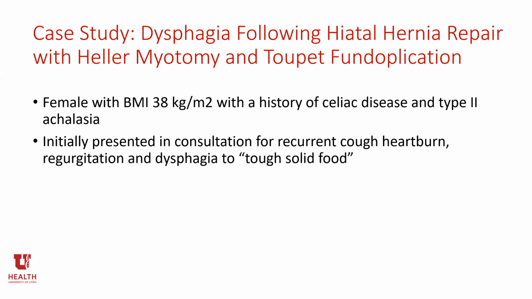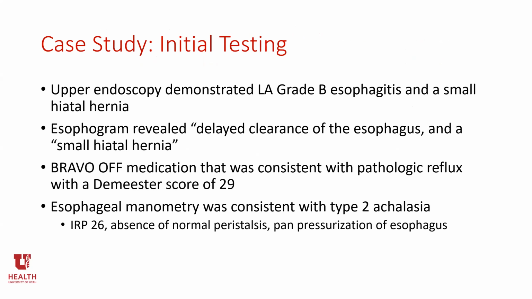This is a very complicated patient who was referred in to us for a second opinion for postoperative problems. She had a BMI of 38 with a history of celiac disease and a diagnosis of type 2 achalasia. She had initially presented to her physician for cough, heartburn, regurgitation, and dysphagia to tough solids.